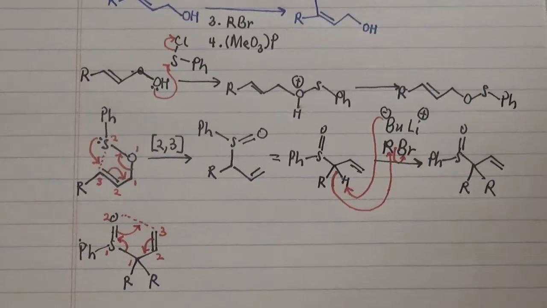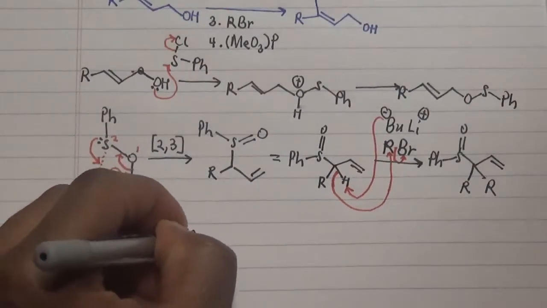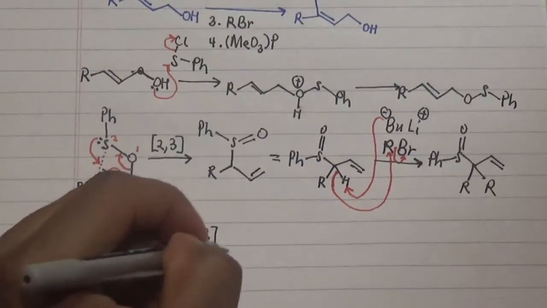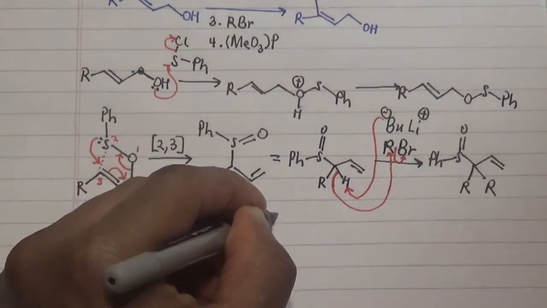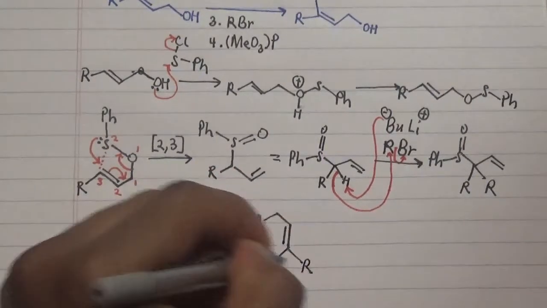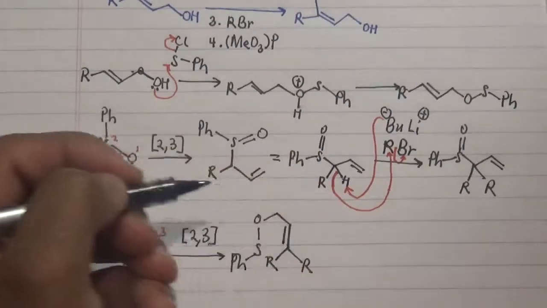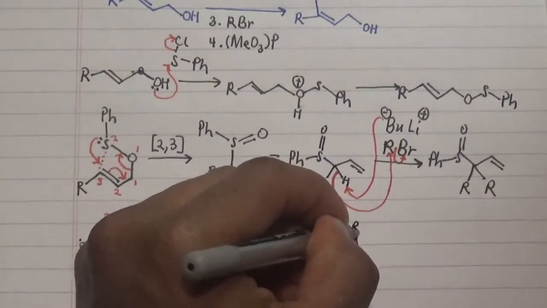And what I have in this particular step is our 2,3 sigmatropic rearrangement that leads to the formation of this, which is also equivalent to this particular structure.